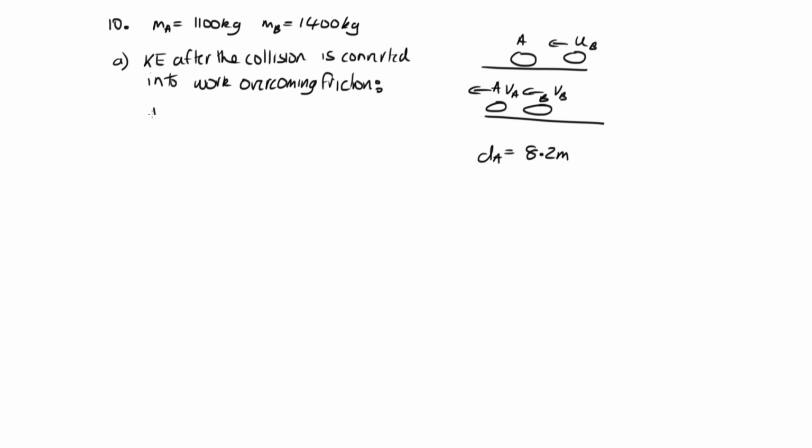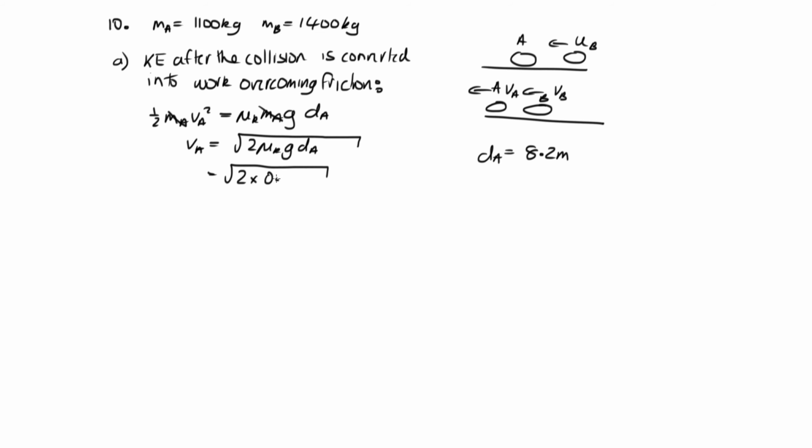So writing this as an equation, we've got a half m_A v_A squared goes into the work against friction, which is mu_k times m_A g. So this is the frictional force, and then work is F dot the displacement, so the displacement is d_A. So we've been asked to calculate v_A, so you can see the mass of the car cancels out, and we've got v_A is equal to the square root of 2 mu_k g d_A, and so this is equal to the square root of 2 times 0.13.